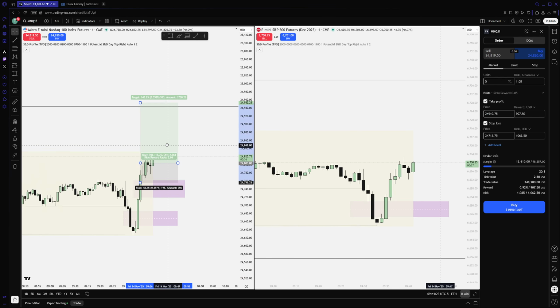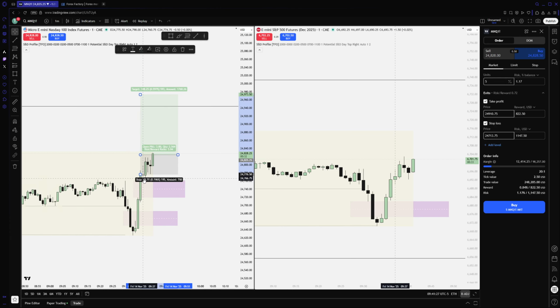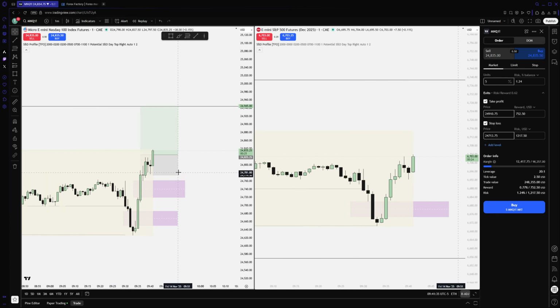So I might have to adjust. Probably do the body and adjust it actually to here. So I'll just do that. Oh shit, it's already taking off. The moment we close, I'm hitting buy.